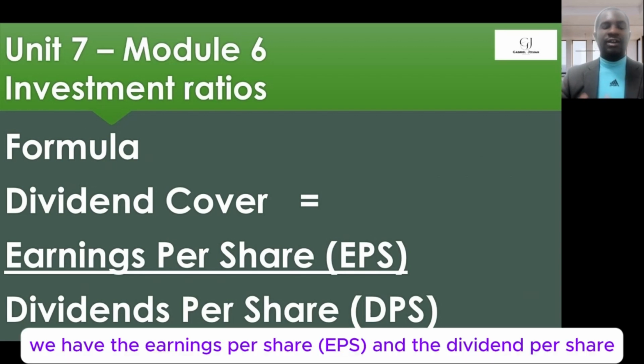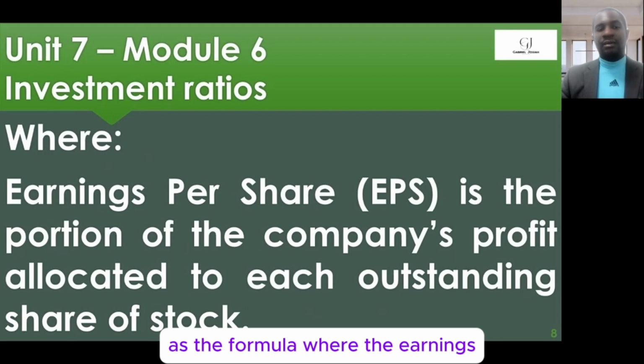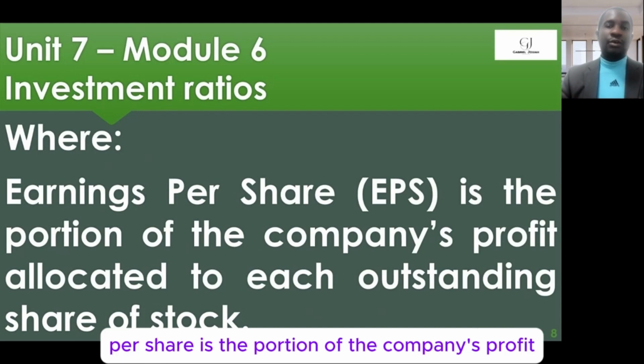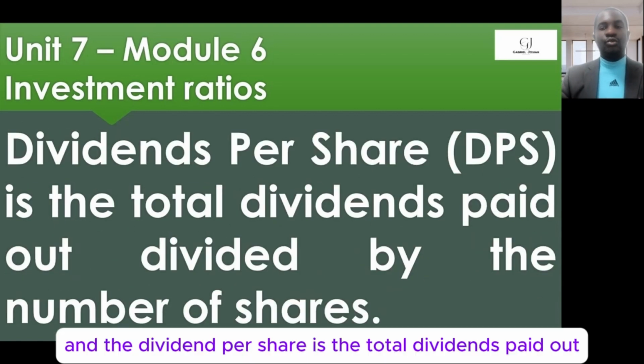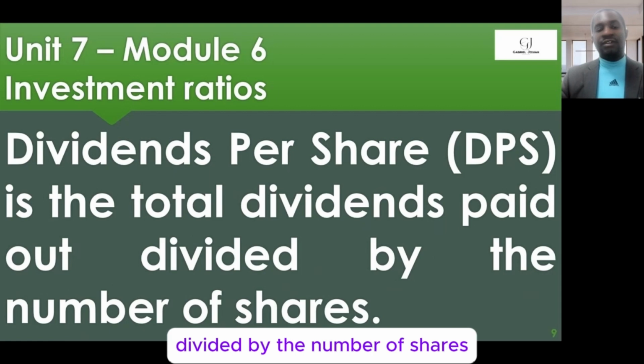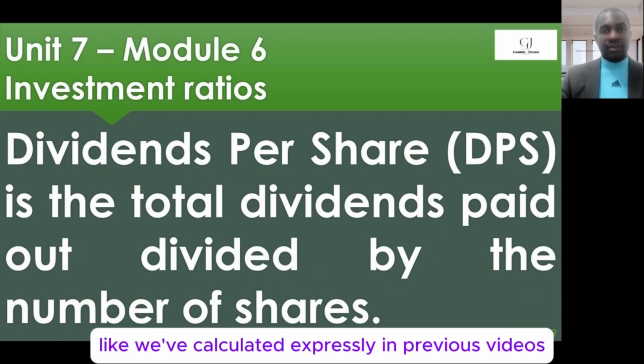Graphically, again, we have the earnings per share and the dividends per share. That's the formula, where the earnings per share is the portion of the company's profit allocated to each outstanding share of stock, and the dividend per share is the total dividends paid out divided by the number of shares, like we've calculated expressly in previous videos.